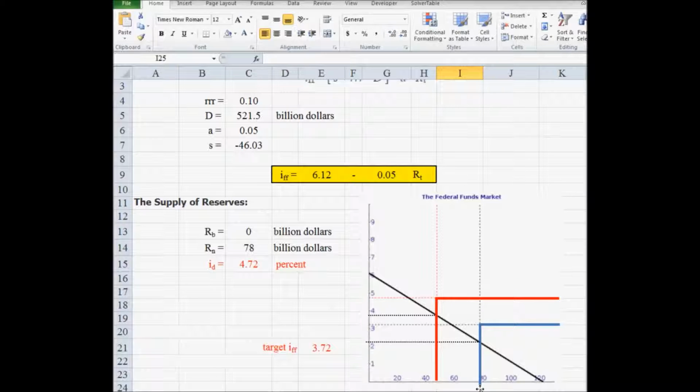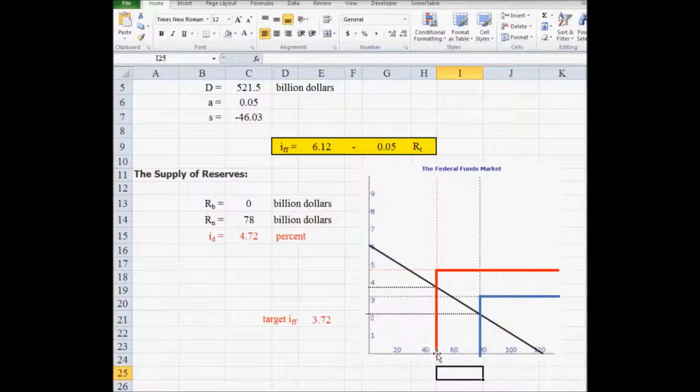The difference between this value and that value is the size of the open market sale that is needed to get the federal funds rate to rise from 2.22 to 3.72. To get the value here, we have to set the initial demand curve equal to the new target of 3.72.